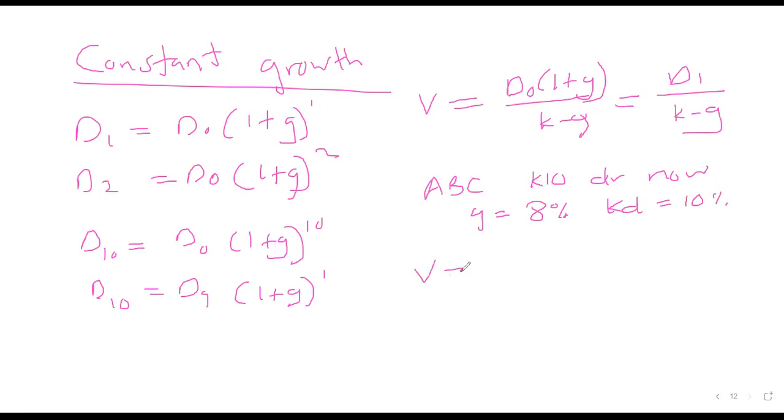The value of stock is D0(1 plus growth) over K minus G. Since the company has just declared a dividend, here we're going to put 10 kwacha times 1.08, the growth being 8%, divided by K minus G. Our K is 10%, our growth rate is 8%.